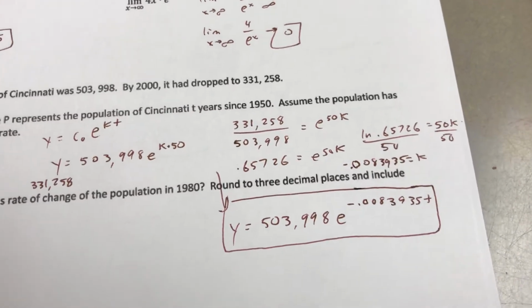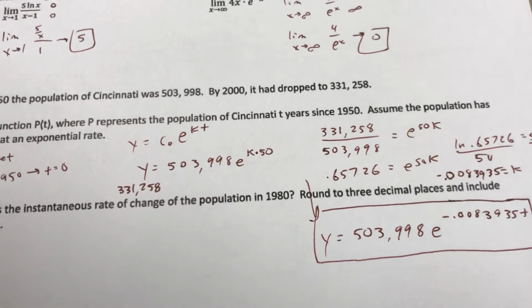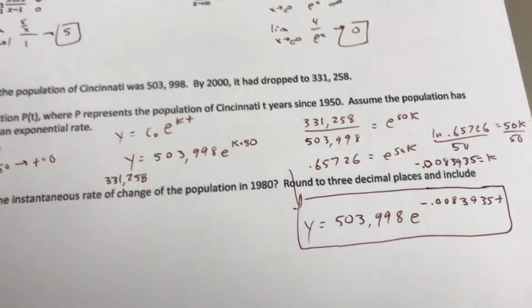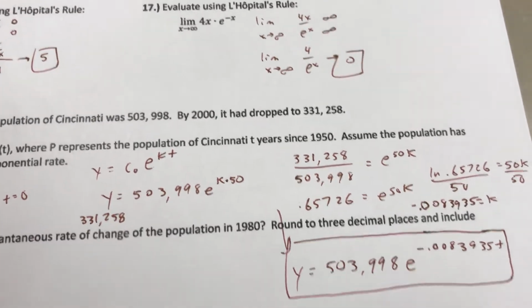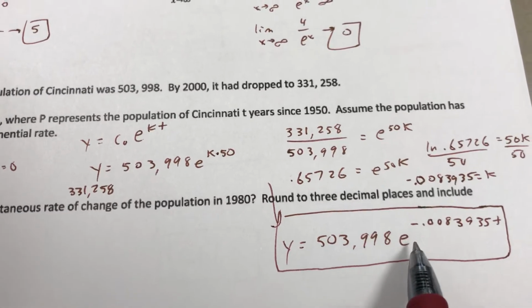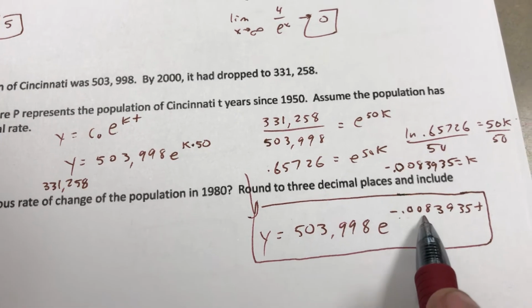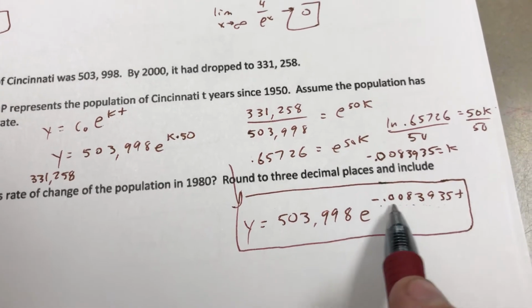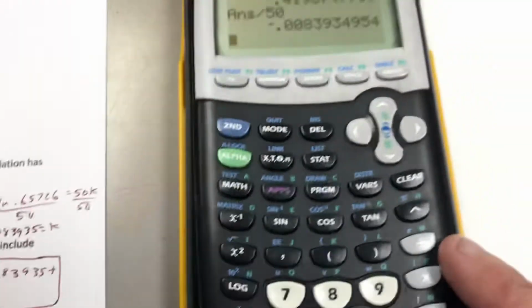We wanted the instantaneous rate of change of the population in 1980. That's going to be the derivative. Okay, that's just an e function. It's got some weird decimals there, but we're still going to have that 500,000 and the e to this decimal. We just have to multiply by the derivative of the inside function, which is going to be that decimal. So it's this decimal getting multiplied by 503,998.